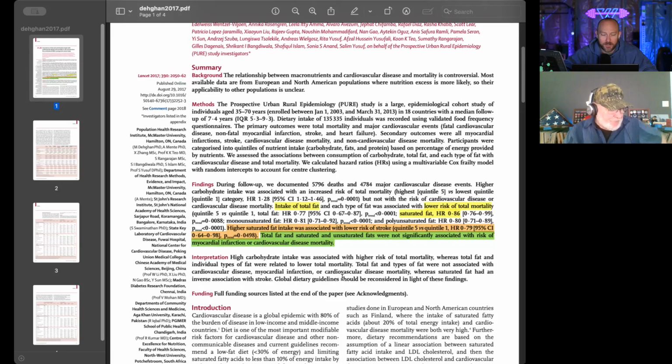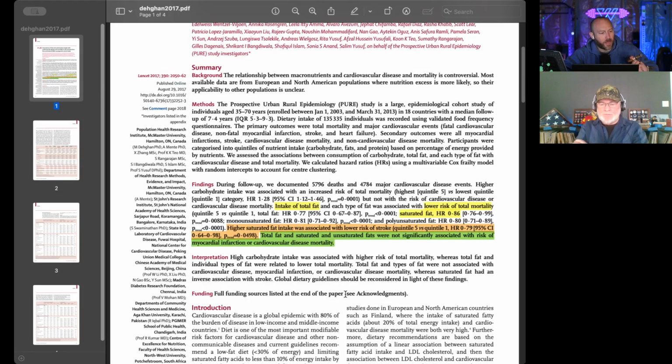So if this study shows that higher intakes of saturated fat are not associated with cardiovascular disease, people automatically have in their mind, well, this obviously is showing 25%, 30%, somewhere up in there.